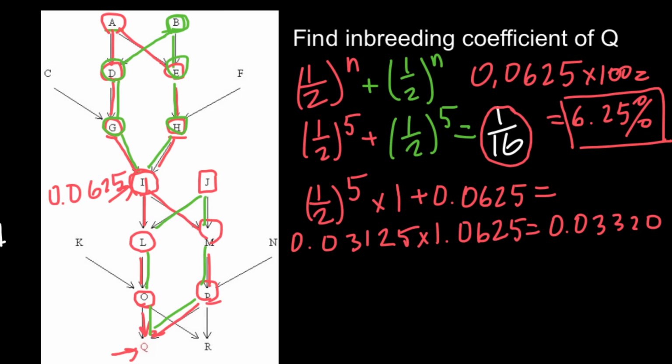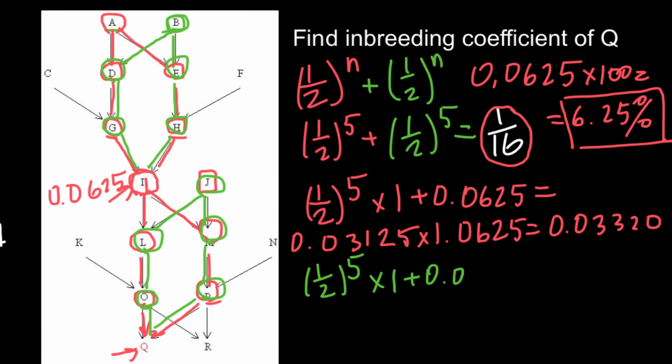Now let's count how many nodes we have in the green pathway, and this is going to be 1, 2, 3, 4, and 5. So in the green ring we have 1/2 to the power of 5 multiplied by 1 plus 0.0.